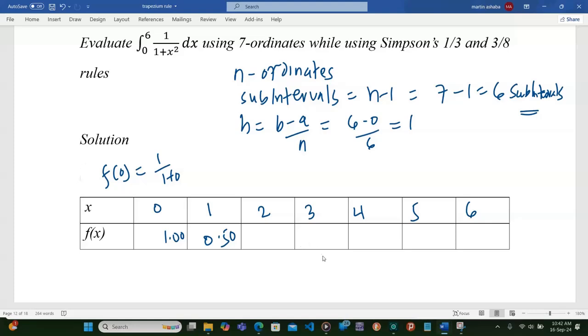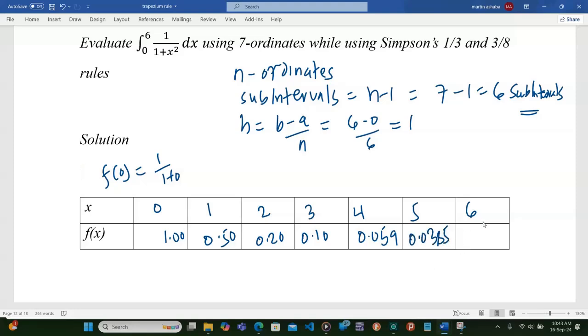If I put in 2, that should give me 0.20. If I put in 3, it should give me 0.10. If I put in 4, that should give me 0.059. If I put in 5, this is giving me 0.0385.